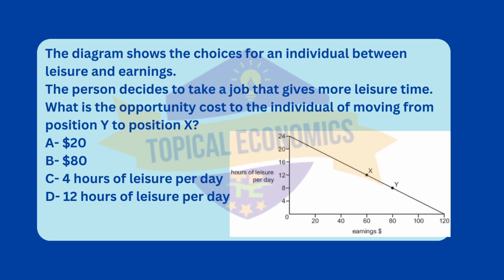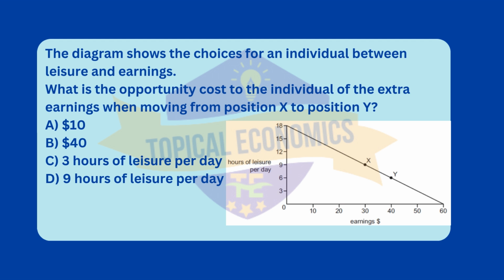Moving to question 21. The diagram shows the choices for an individual between leisure and earnings. What is the opportunity cost to the individual of the extra earnings when moving from position X to position Y? A. $10. B. $40. C. 3 hours of leisure per day. D. 9 hours of leisure per day.